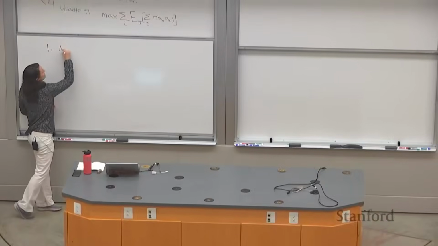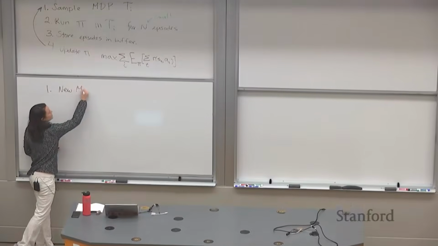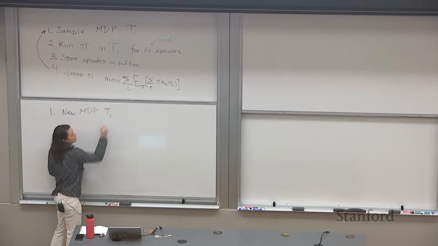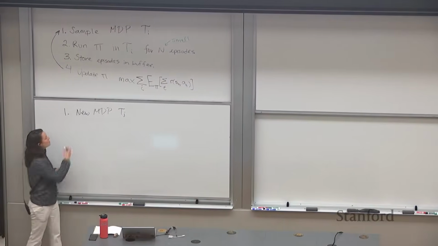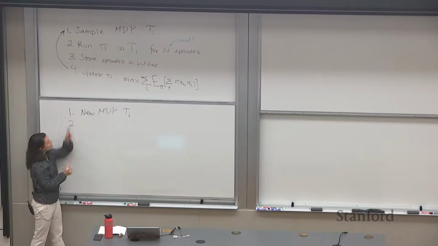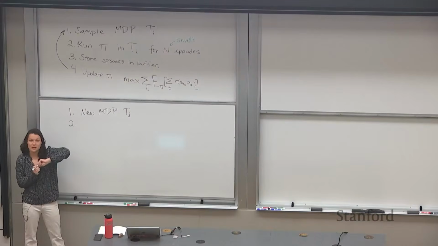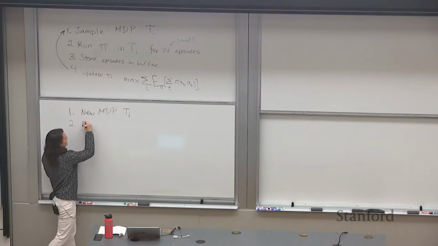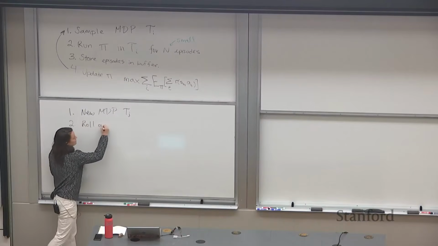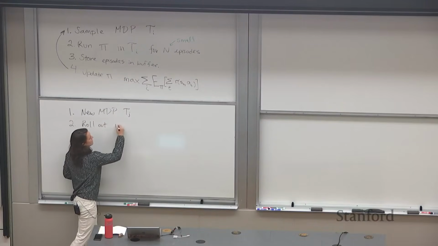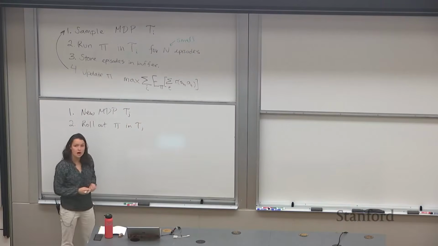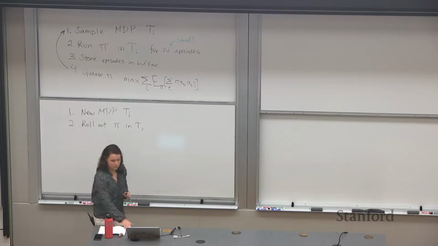You're in some new MDP, and you can take the policy that was trained and roll it out in that MDP, so roll out pi in that MDP with those states, actions, and rewards, and so forth.